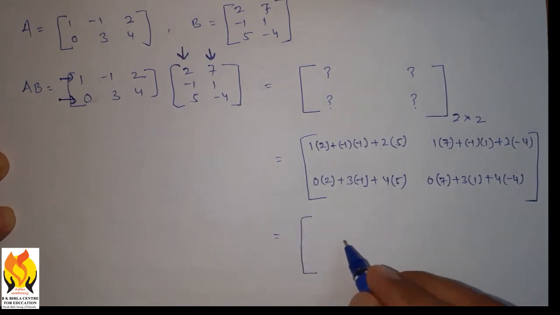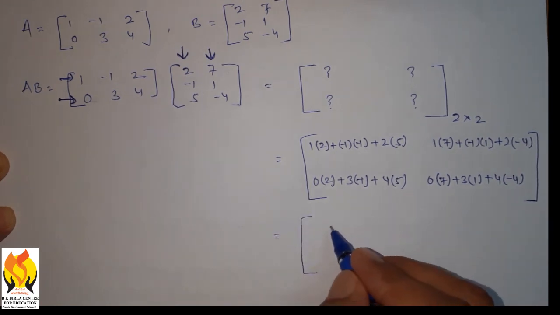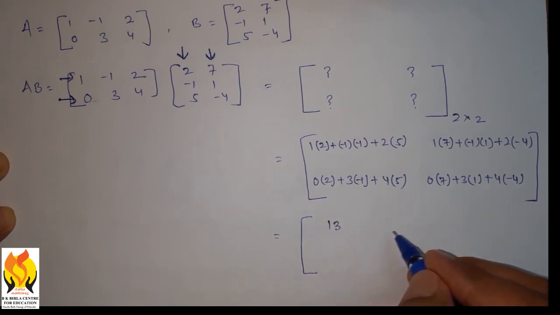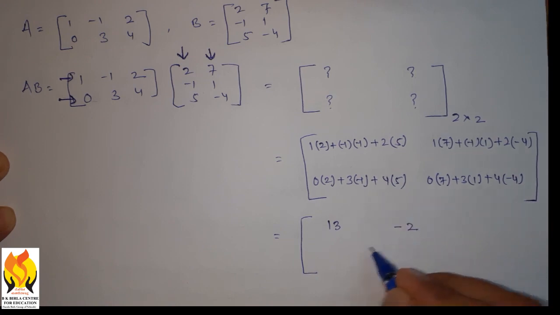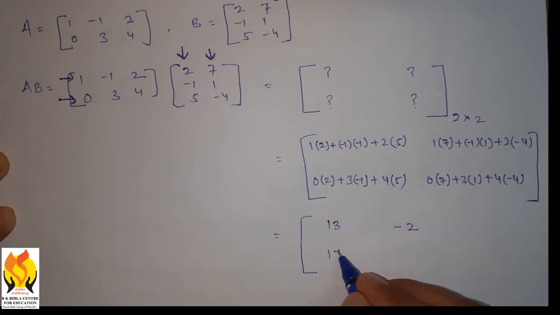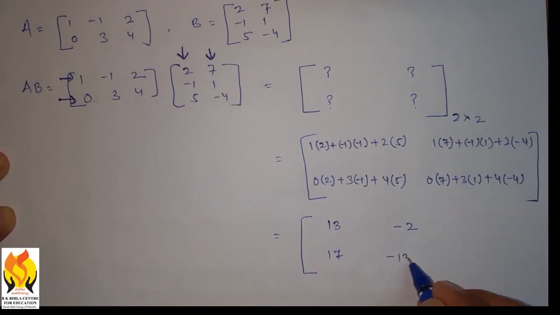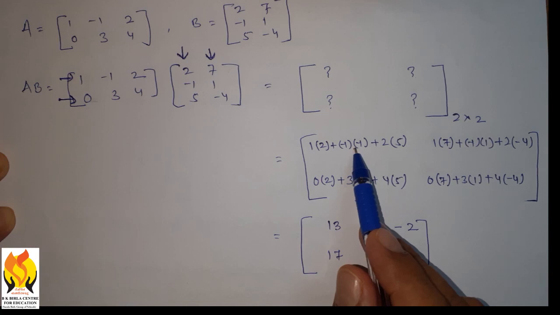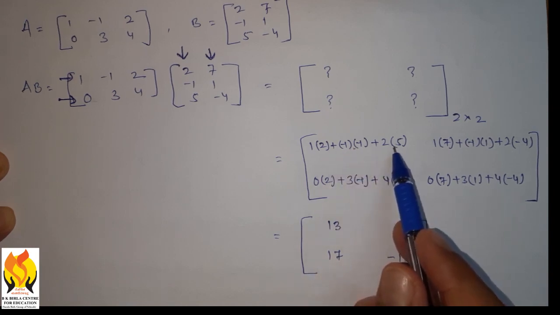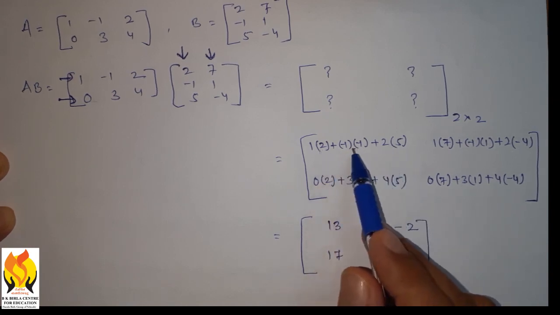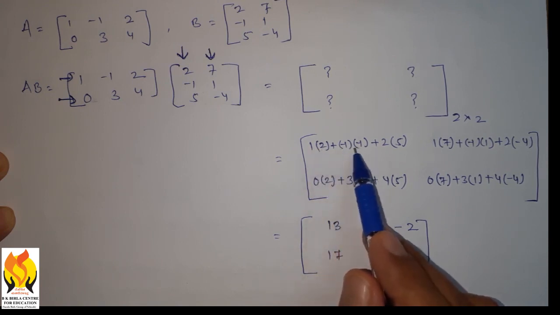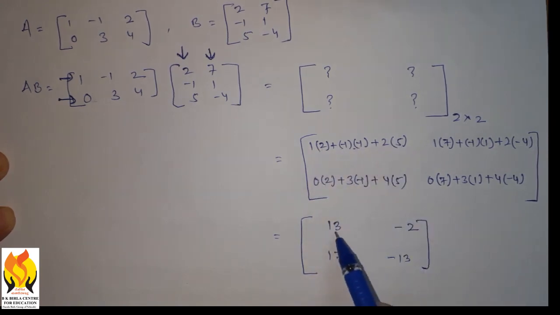When we simplify, we have the values 13, minus 2, 17 and minus 13. We can check it out. 2 plus 2 is 4, 4 plus 1 is 5, 2 plus 1, 3, 3 plus 10 is 13.